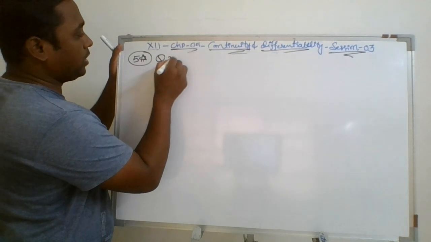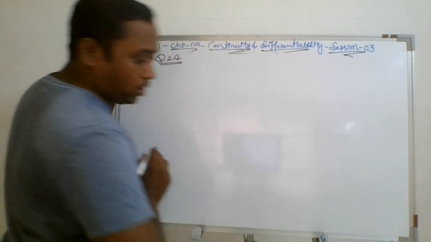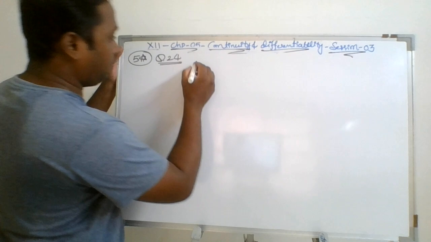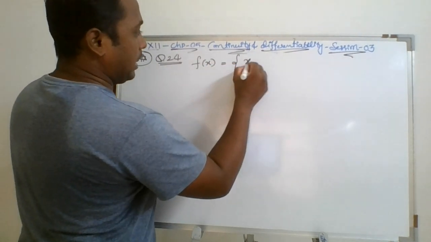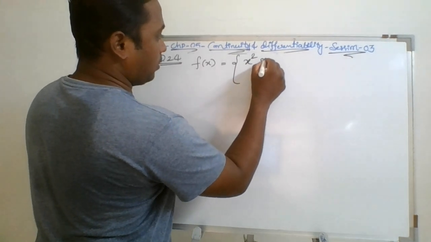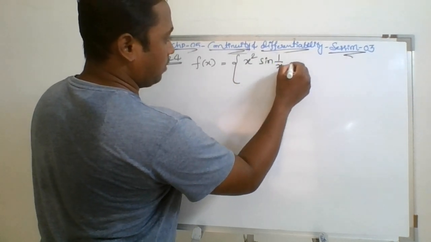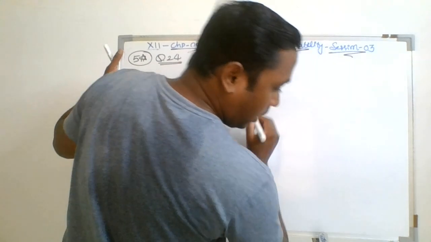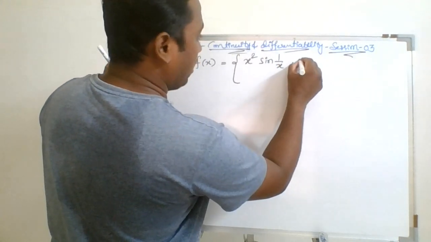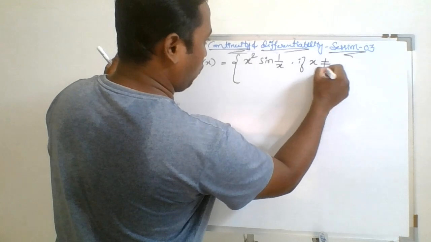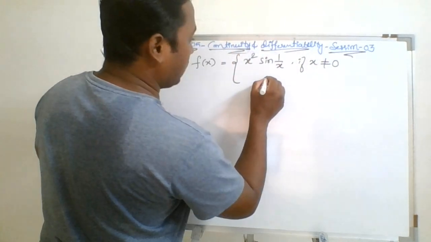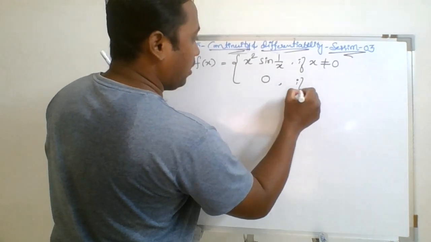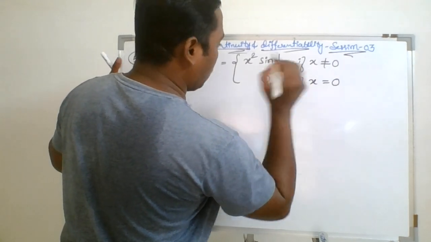Question number 24. The function is given. The function is defined as f of x equal to x square into sine of 1 by x, if x is not equal to 0, and the value of the function is 0 where x is equal to 0.